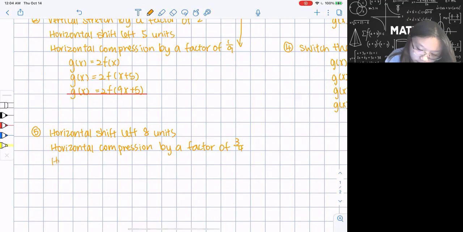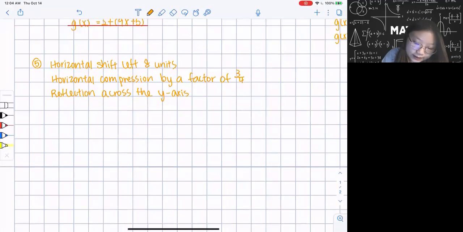And then I'm gonna have a horizontal reflection, a reflection across the y-axis, right? So how can I do that? So the first step is g of x is gonna be equal to f of x plus 8. So always remember left when you write it is plus 8, okay?